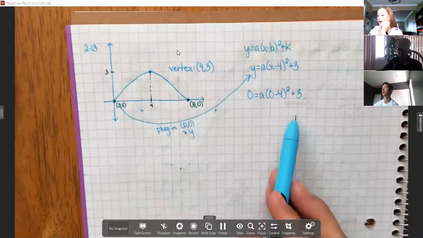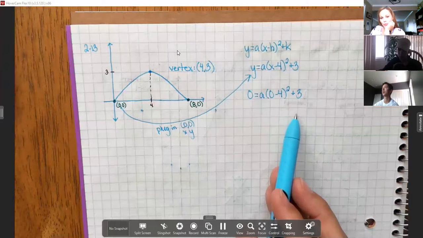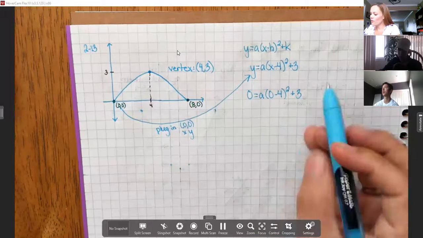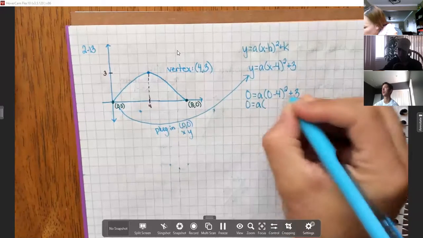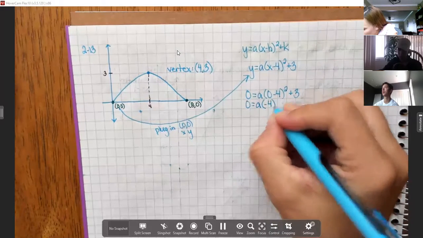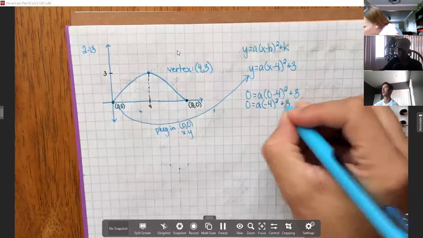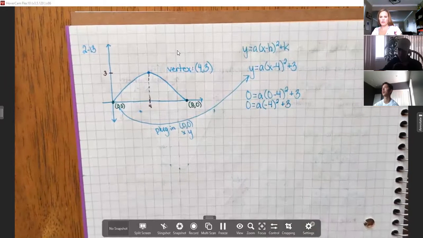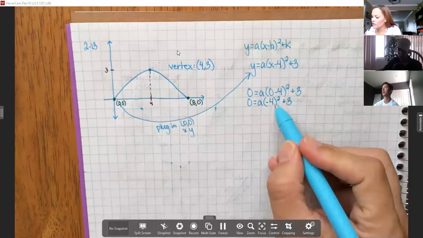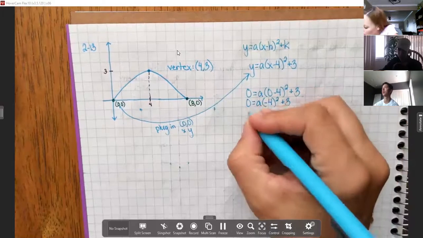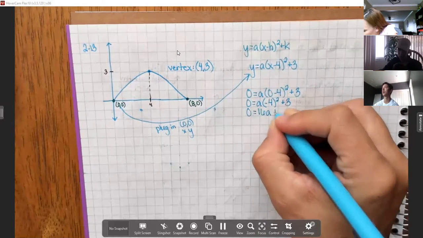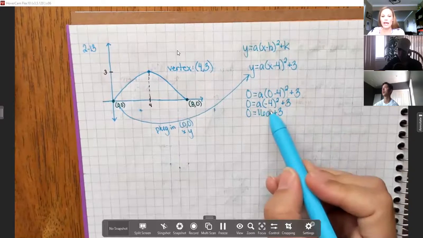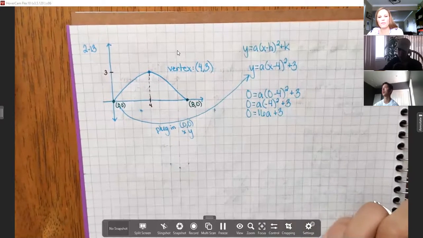We're solving for a here. So following our order of operations, 0 minus 4 is -4 squared plus 3. -4 squared is 16. So this is 0 equals 16a plus 3. Again, negative squared becomes a positive.